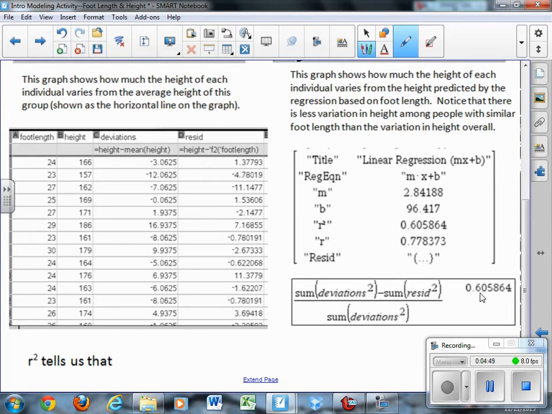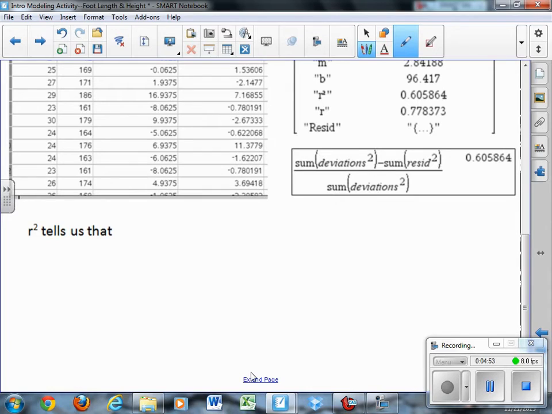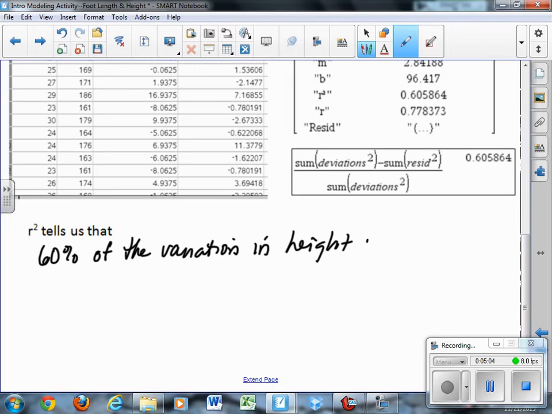In other words, R squared tells me that 60% of the variation in height is based on the variation in foot length.